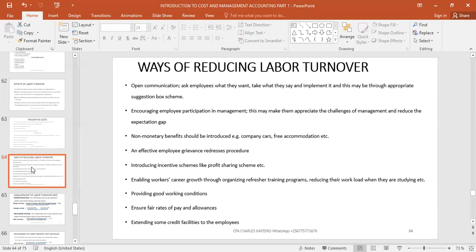The company car may not even be worth what the employee is offering to the company, but at least the person gets motivated and pushes the activities that are supposed to be done by him or her.